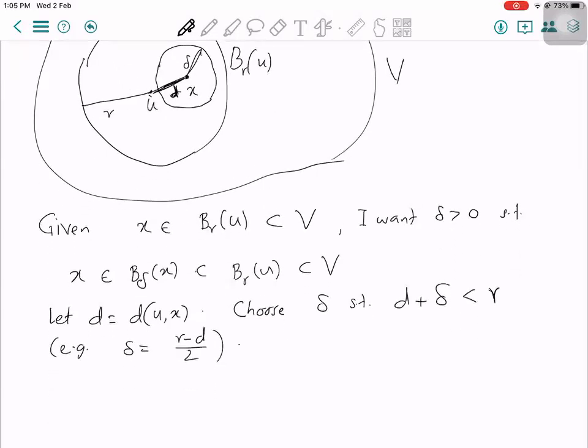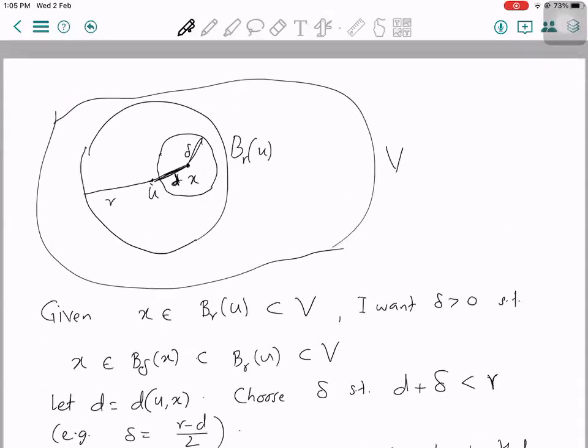And now, it's obvious that if Y is in this, we will be done by showing that this Y actually lies inside the ball.